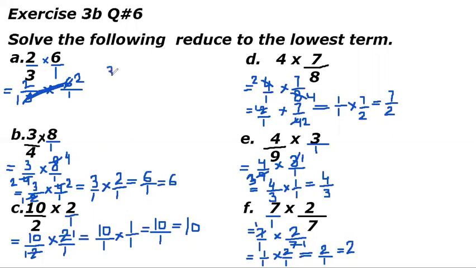Look, 3 times 1 is 3. That's why I have written 1 here. And why I have written 2 here? Because 3 times 2 is 6.